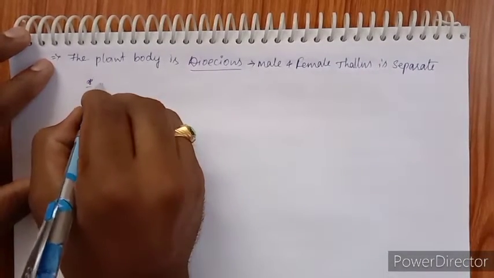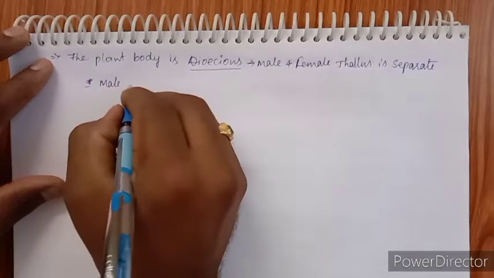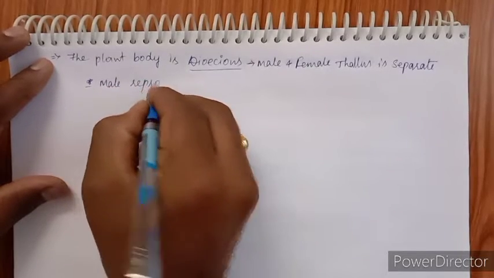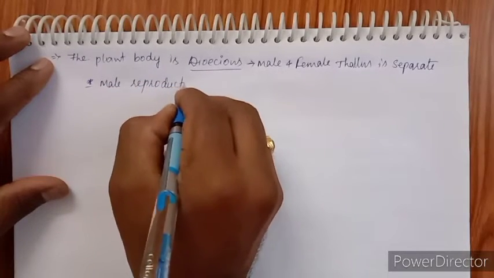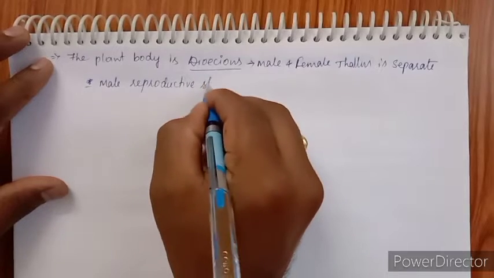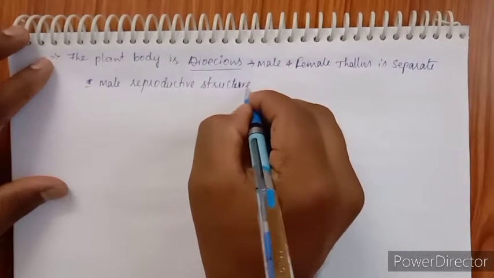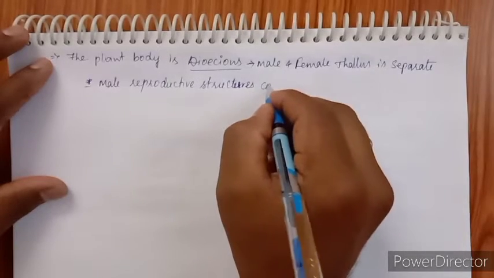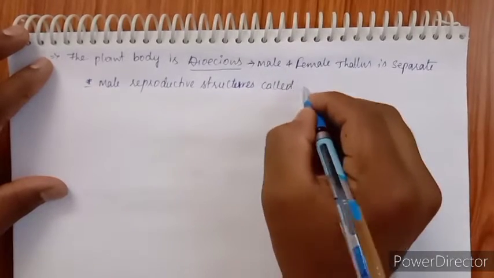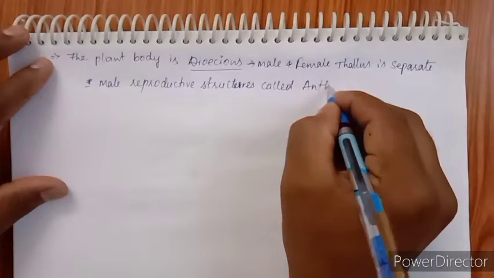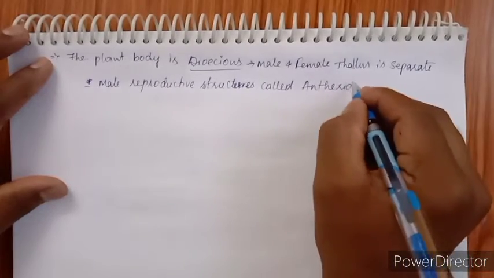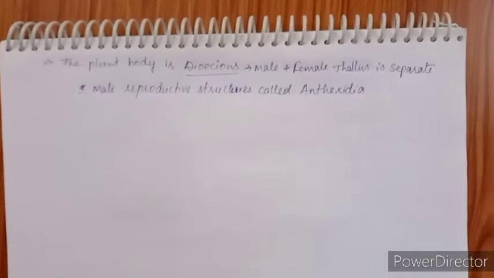The male reproductive structures are called antheridia.